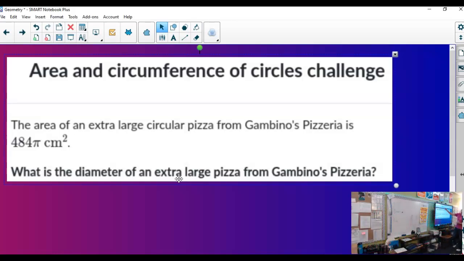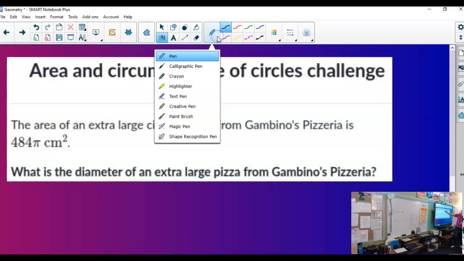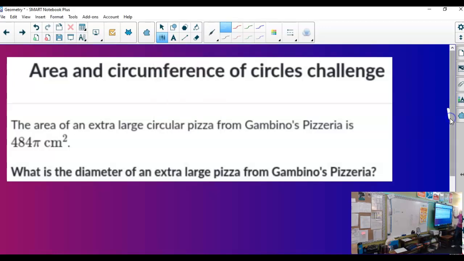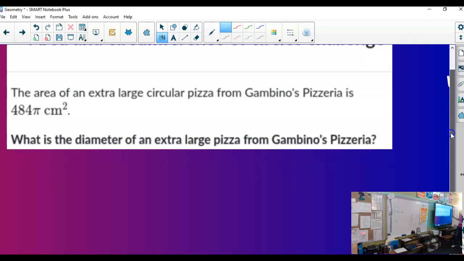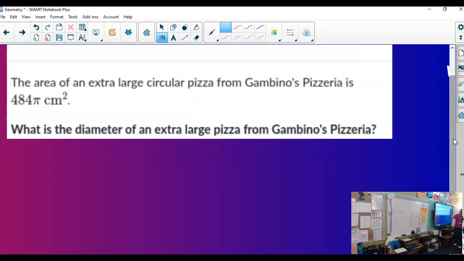Problems like this in the area and circumference challenge practice our algebra combined with our circular knowledge. So it tells us the area. It wants the diameter. Well, I know my area formula involves radius, and if I can figure out the radius, then I can figure out the diameter.